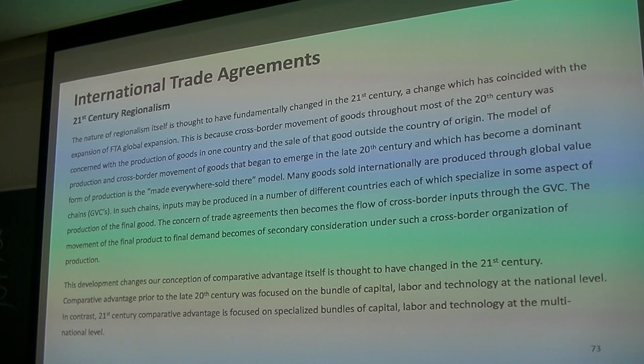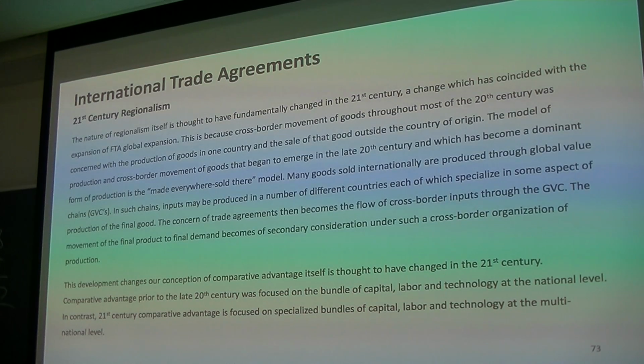So an important thing to consider is what's an underlying factor that's driving these multilateral, these bilateral trade agreements, which have coincided with the expansion of free trade agreements.